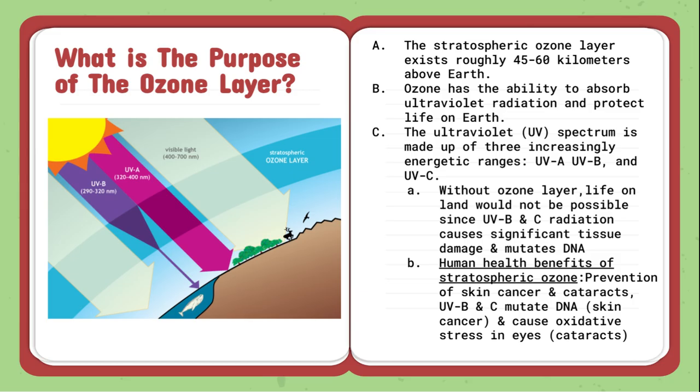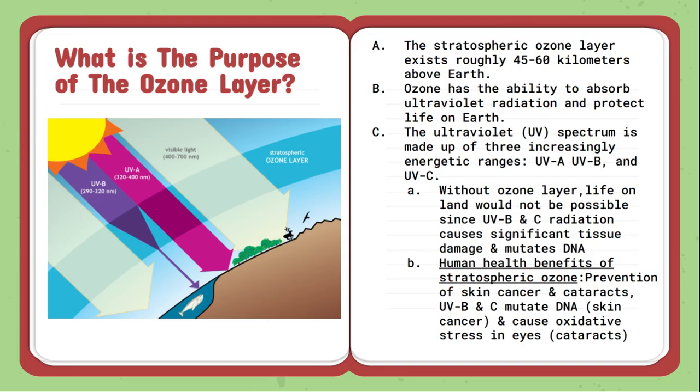Without our ozone layer, life on land would not be possible. Right? UVB and UVC is radiation that can cause significant tissue damage to living organisms and potentially penetrate our cells into the nucleus and even mutate our DNA. And so this is something that we need, right?